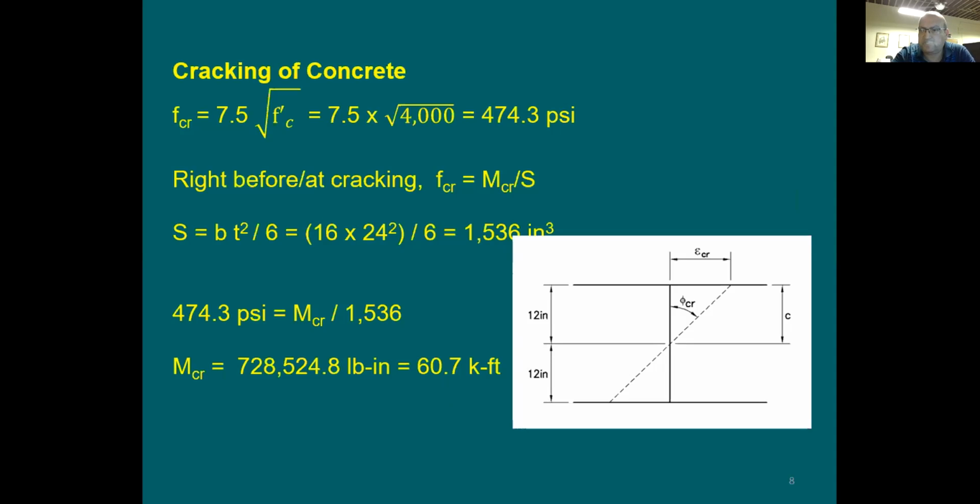Are we good? Questions? Can you just say how you converted it to kips again? 1 kip is equal to 1,000 pounds. So from pound to kip, you just divide by 1,000, right? From inch to foot, you divide by 12.